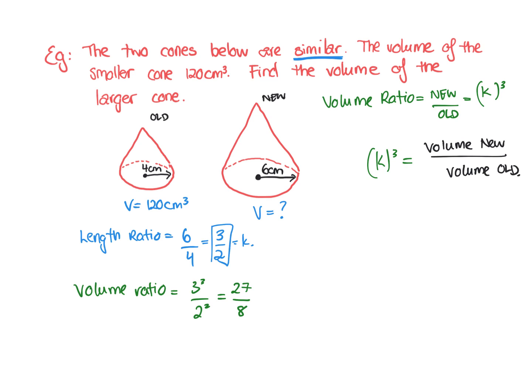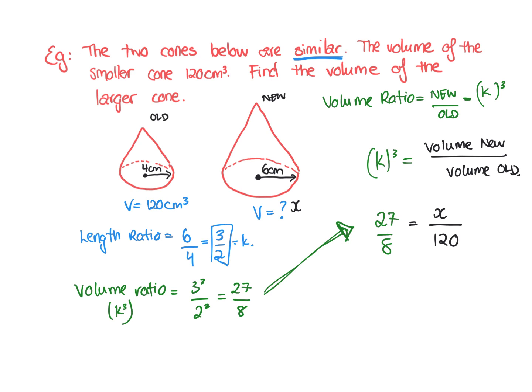So this is pretty much K cubed, we've found that. So I'm going to bring that up here. I've got 27 over 8 needs to equal the volume of the new one, which is what I'm trying to find out. I'll just call it X, over the volume of the small one, or the old one, which we actually know.